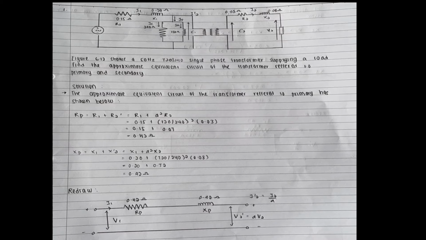The X1 is 0.2 plus (720/240) squared, and X2 is equal to 0.08. So we get 0.92 ohm. Then we redraw the answer, where Rp is 0.442 ohm and Xp is 0.92 ohm.